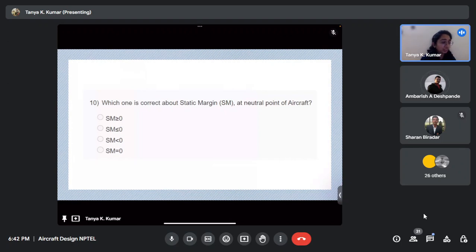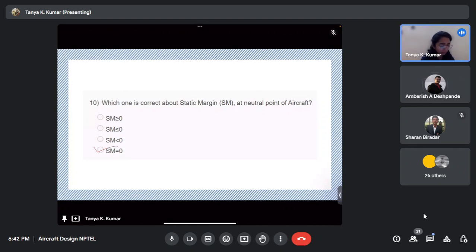Which one is correct about static margin at the neutral point of the aircraft? What is static margin? CG neutral point? Yes, CG, neutral point, exactly. So at the neutral point, what is static margin? Equal to zero. Correct.